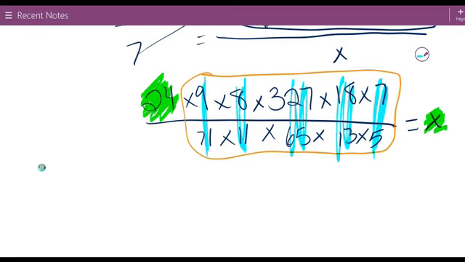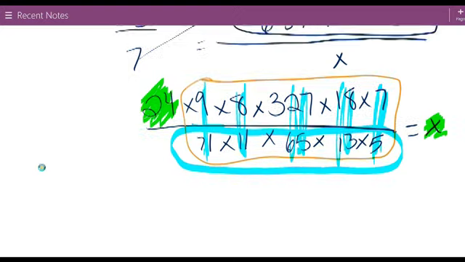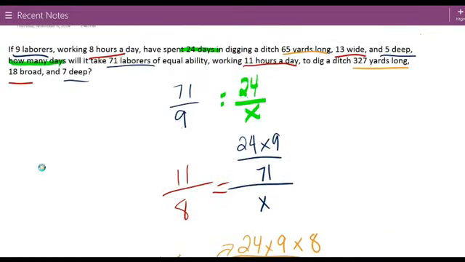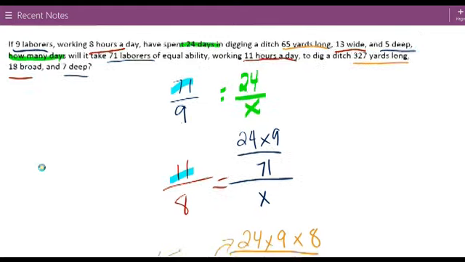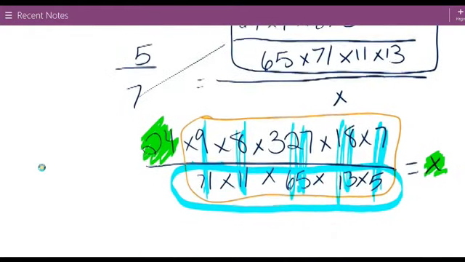Now we can see that all these numbers that are in the denominator, 71, 11, 65, 13, 5, are all the numbers that were in our numerators.